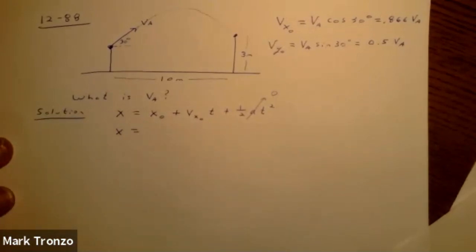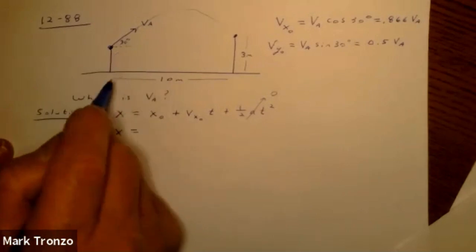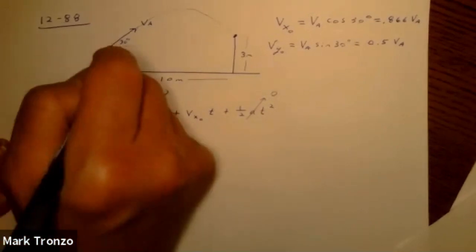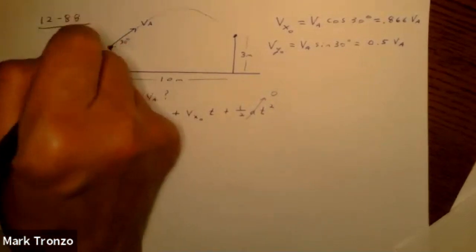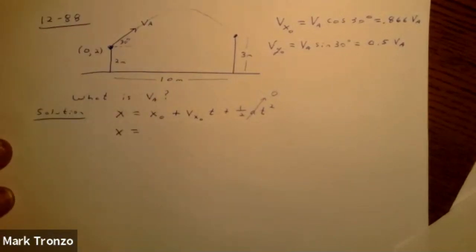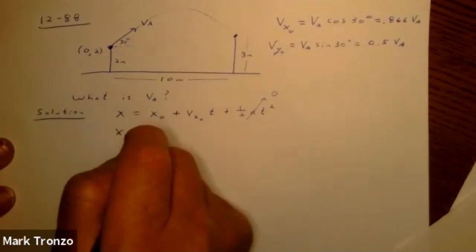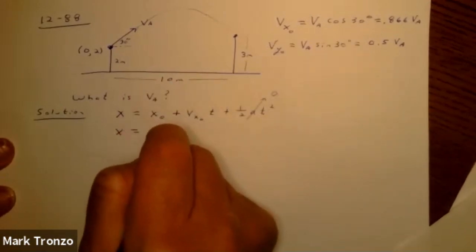We should name our starting point right here. He's shooting from 2 meters, so let's call our starting point 0 in the x direction and 2 in the y direction. That makes sense. So once again, x naught is going to be 0.